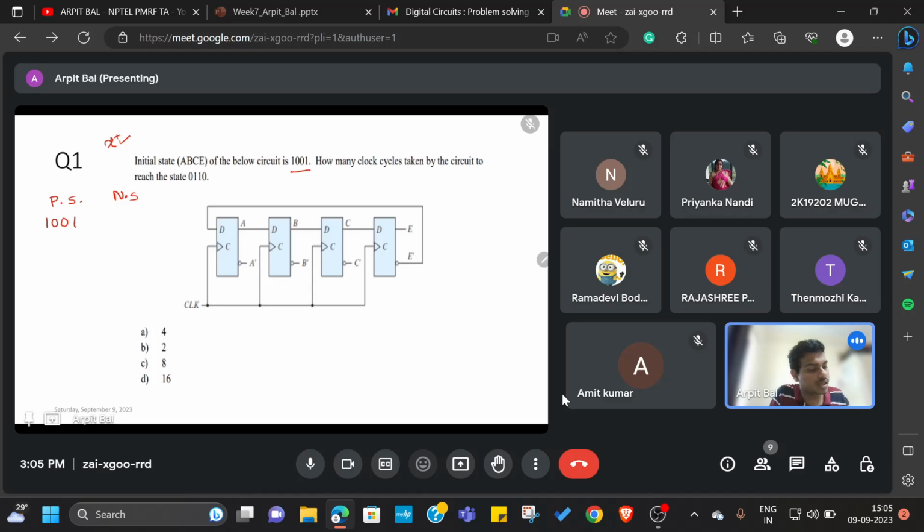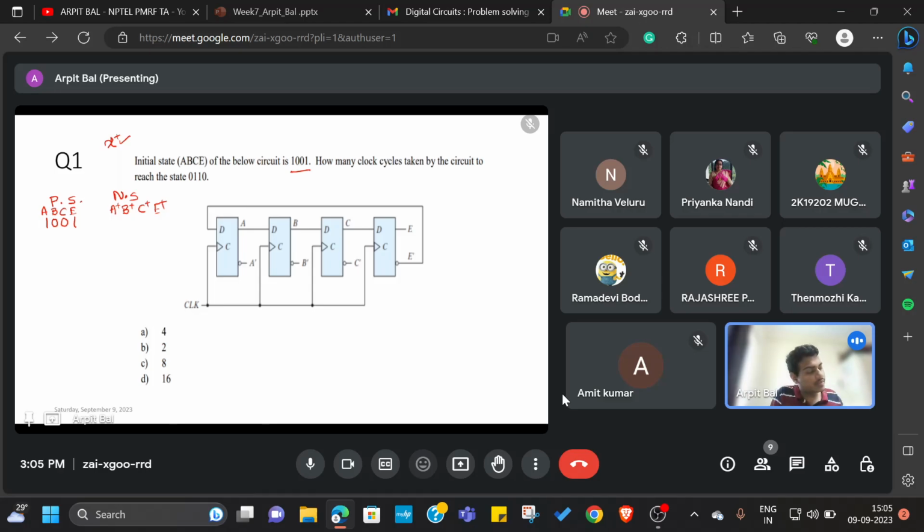So I will start my present state with that: 1001, and it is given that A, B, C, E is in this order. The next state we can mention as A plus, B plus, C plus and E plus. So if A, B, C, E is 1, 0, 0, 1, what is going to be the next state?